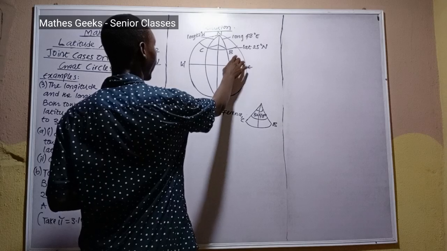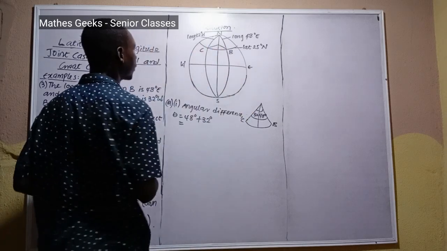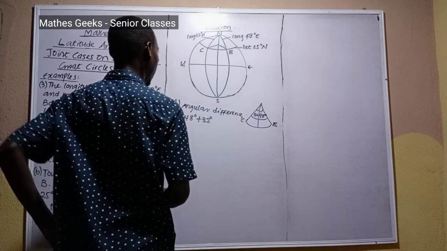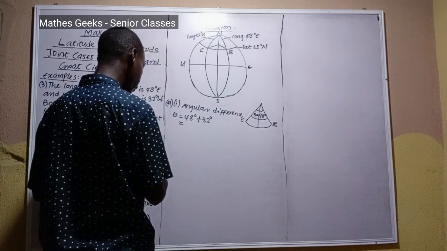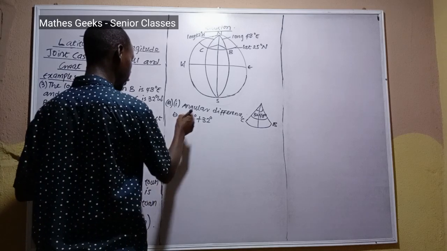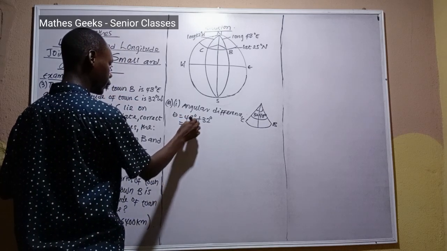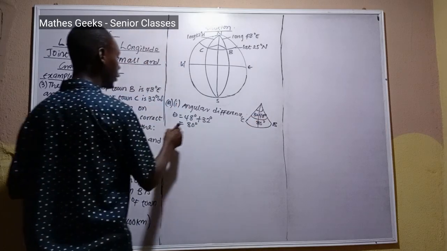B is on the east and C is on the west, so we add the angular difference. 48 plus 32, that's 80 degrees.